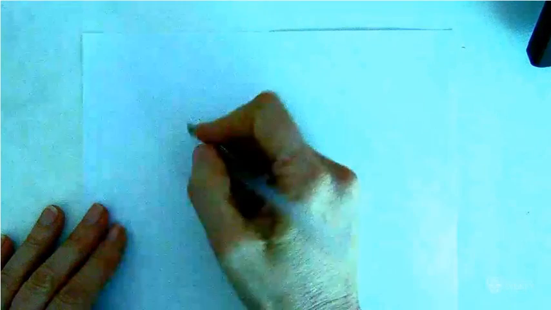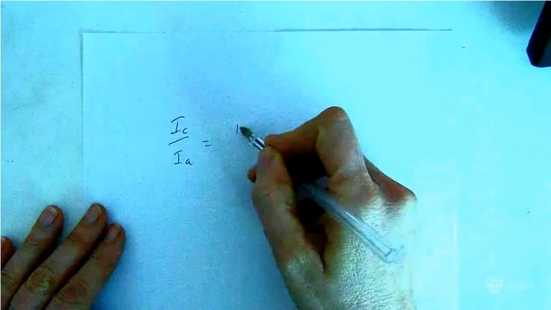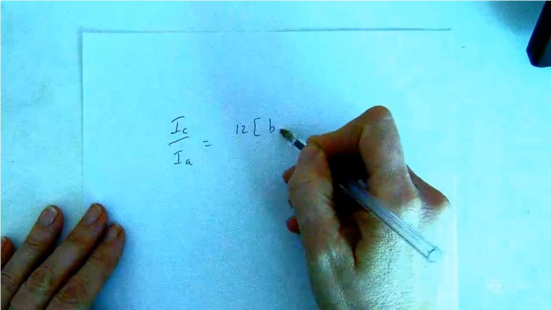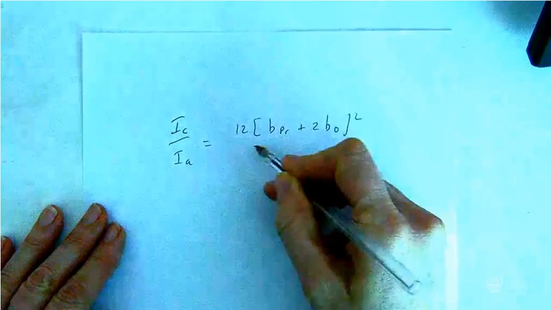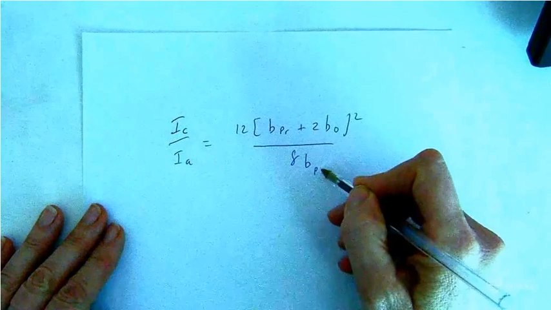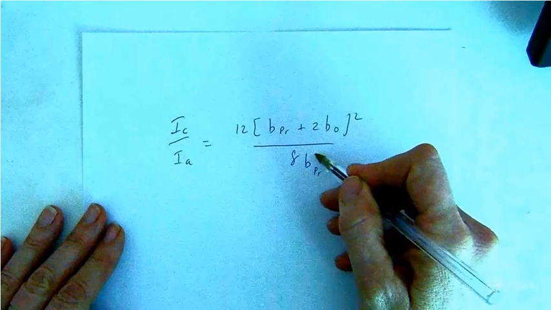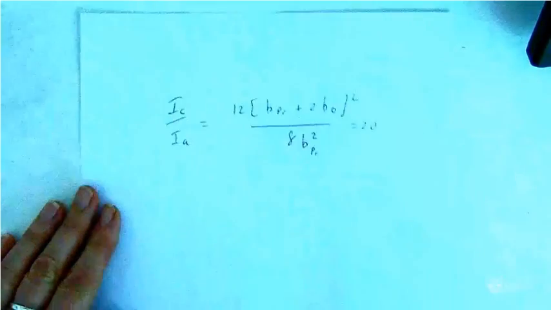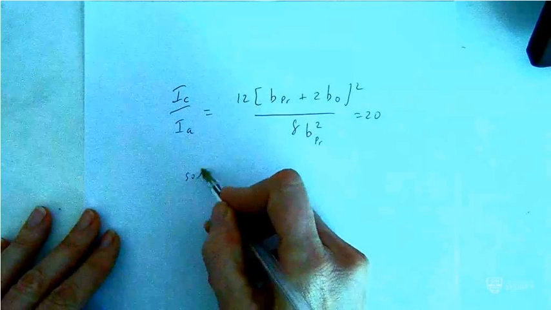So from our data, you see the intensity of C to intensity of A is 12 b_Pr plus 2 b_O, all squared, over 8 b_Pr, which is the scattering strength of the praseodymium atom, equal to 20. And you can basically solve this.